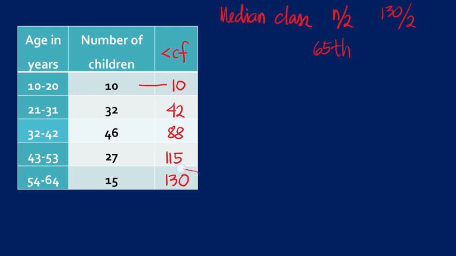Now we have to make sure that this number is equal to or the same as our n. Now this column here, the less than CF column, tells us that the first 10 observations are found in the first class interval. So this is from the first to the 10th data.